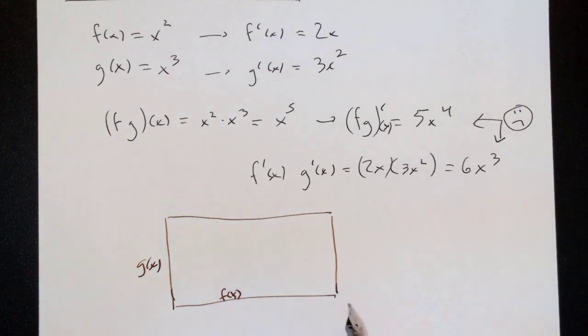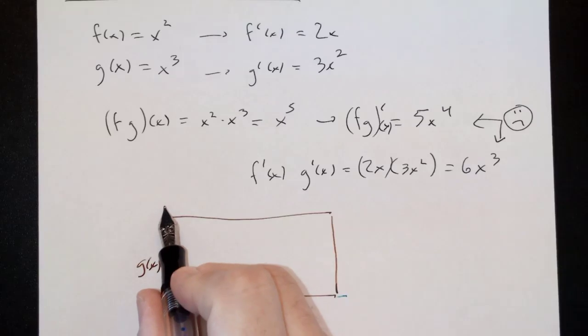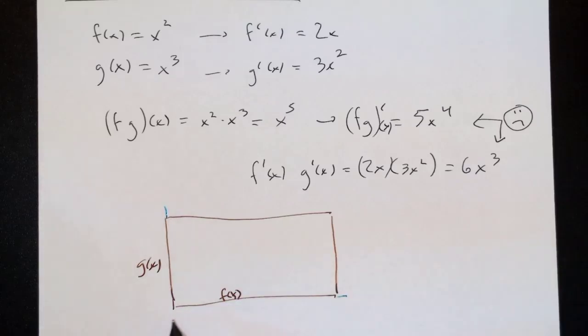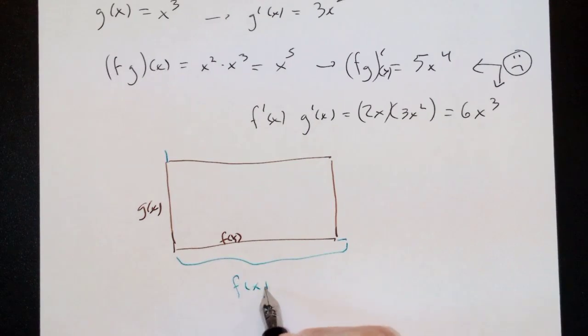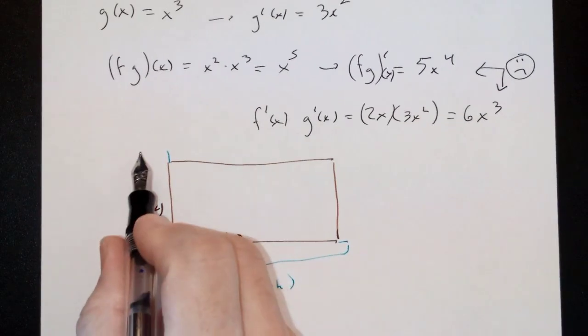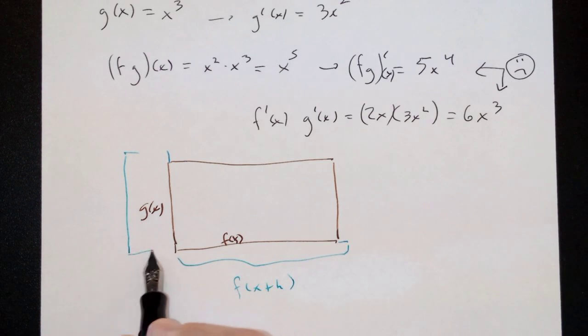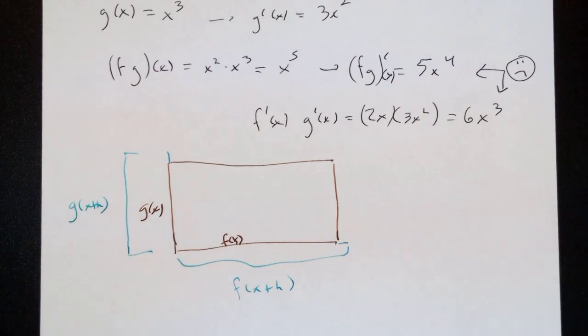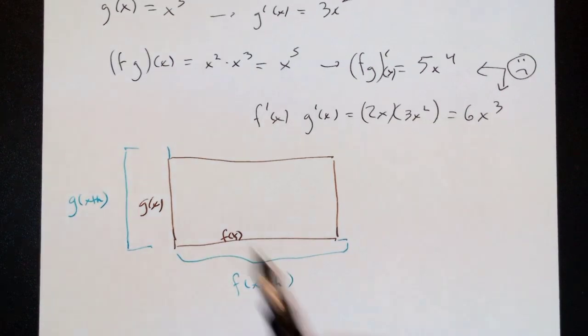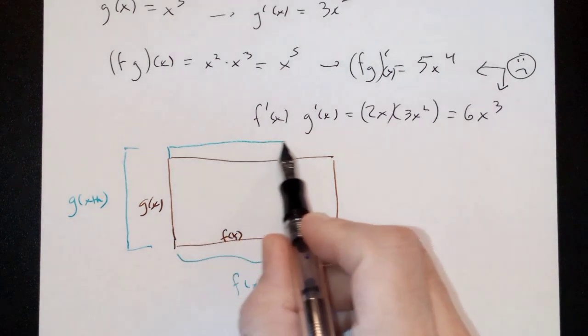So we would add a little bit here, and we would add a little bit here. And then this is f of x plus h. And this is g of x plus h. And when I multiply those together, I get a bigger rectangle.